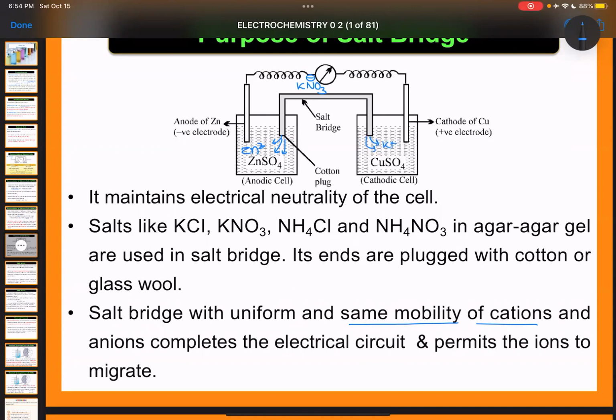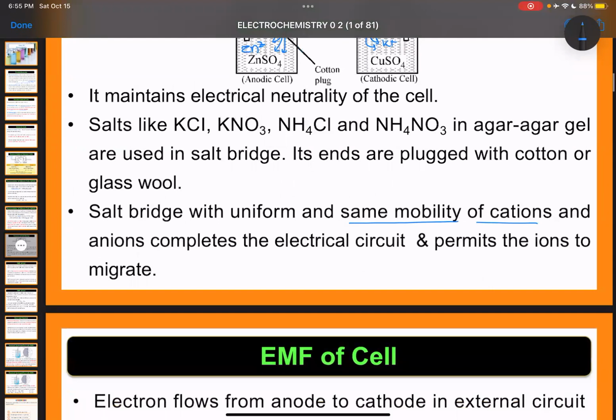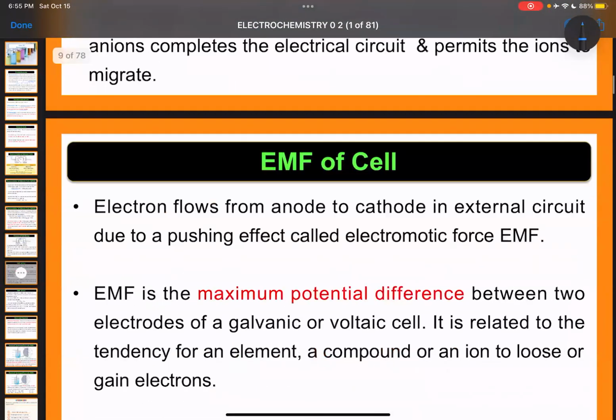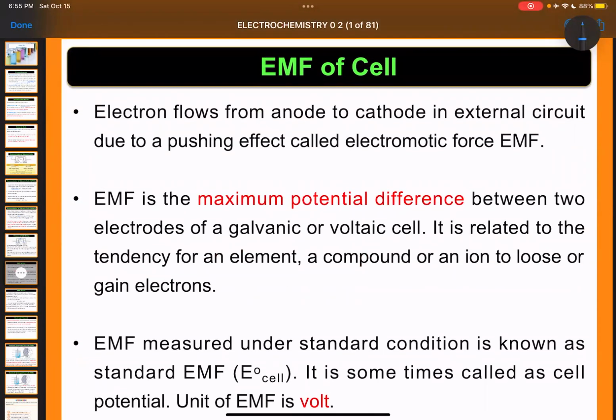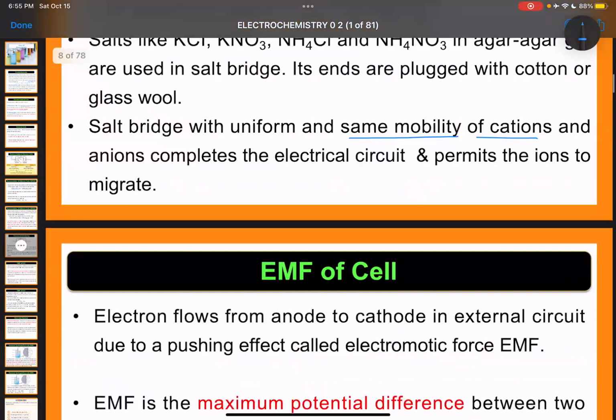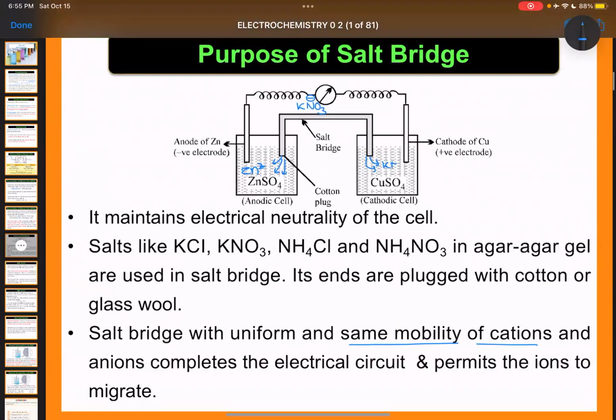So they need to have the same ionic mobility, so that they can flow easily into both compartments and neutralize both compartments very easily. Some basic questions can come up, so you should know that.